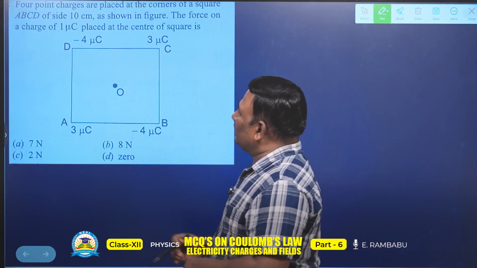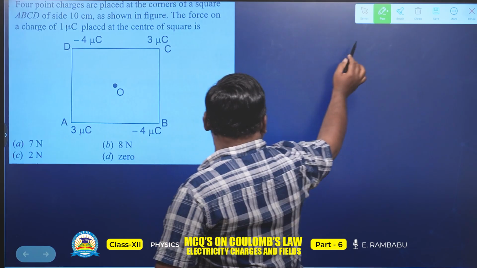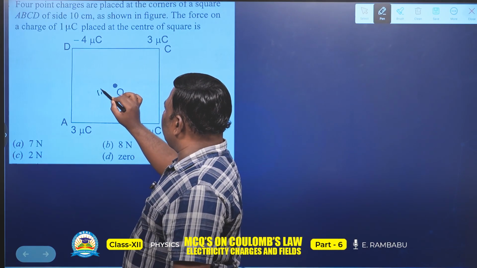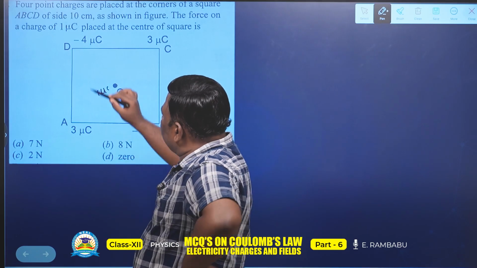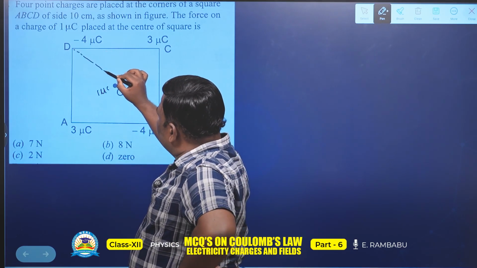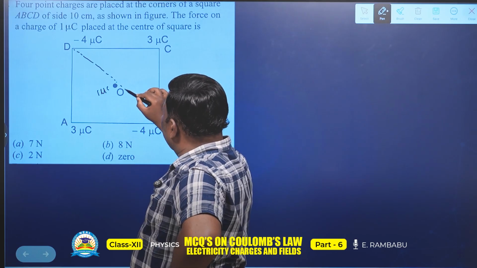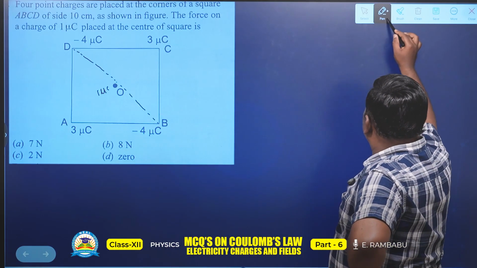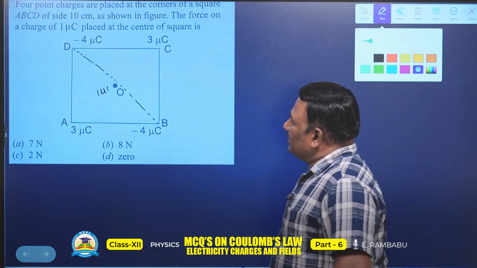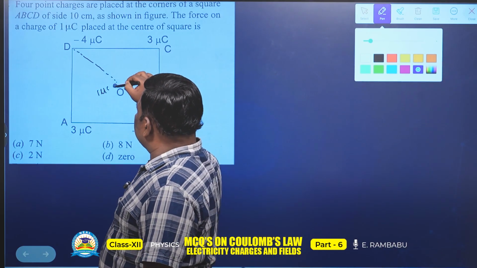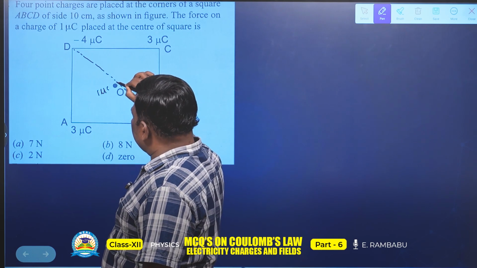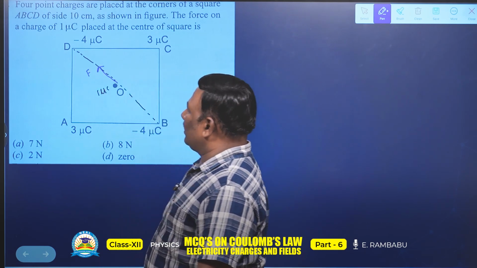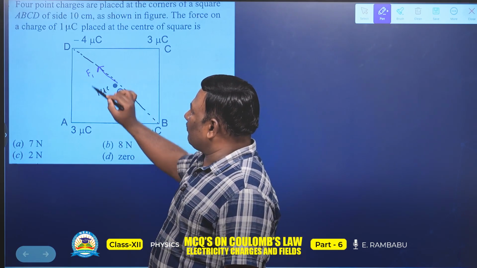See how to get it. Now here I place the charge 1 microcoulomb. Then in between them, half of the diagonal, in between these two also, half of the diagonal is the distance for the force. Whenever these two are opposite charges, the force is an attractive force, taken as F1.